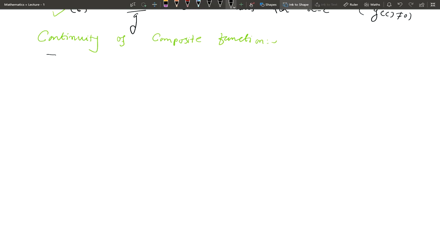So we know, again we recall what is a composite function. f of g of x, recall this definition, equal to f of g of x.